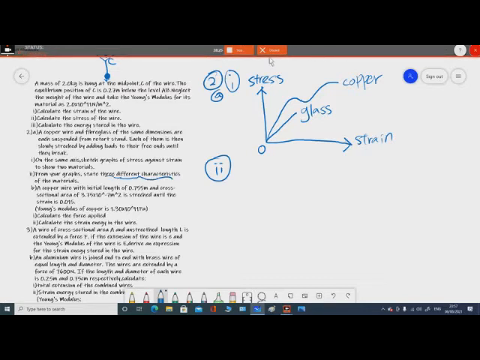As I mentioned just now, copper is ductile, while glass is actually brittle. So this is the first characteristic between them.